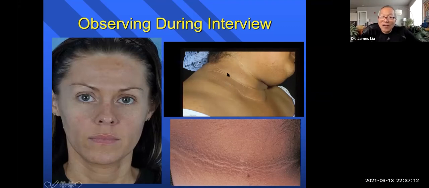These are the typical areas, and they represent an increase in pigmentation due to insulin resistance stimulating the skin and the melanin producing portion.